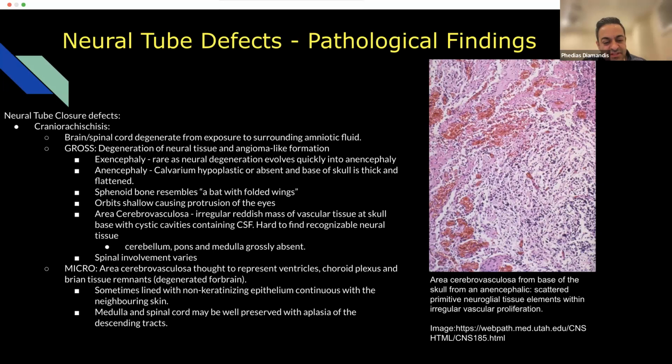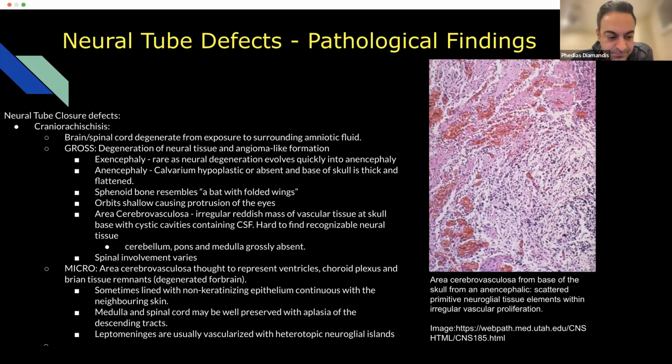So the medulla and the spinal cord may be well preserved in some cases, but of course the descending tracts will be compromised because those are derived from the central nervous system. And again, the leptomeninges may also have highly vascularized changes with heterotopic neuroglial islands.